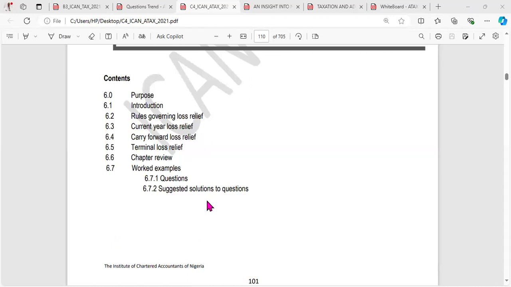We're going to be looking at the rules governing loss relief. We will see something called the current year loss relief and the carry forward loss relief. Then we look at the terminal loss relief. This chapter is a very short chapter, but it is something that is worth knowing because you'll be seeing them a lot in your computation.